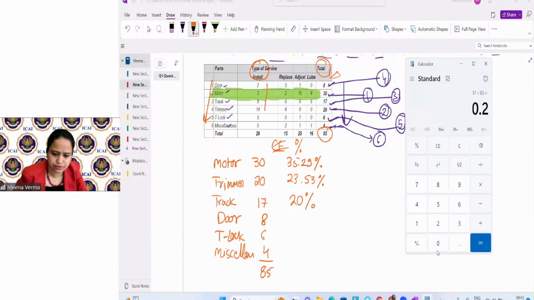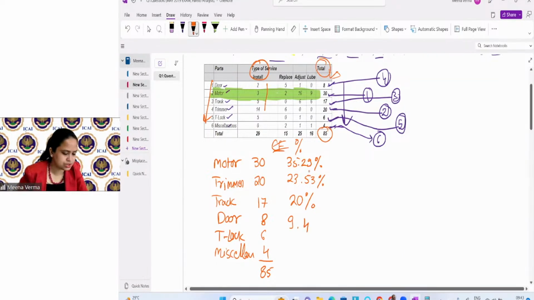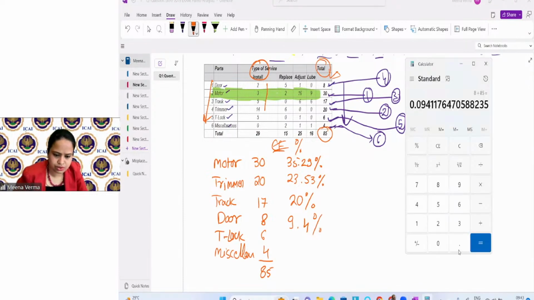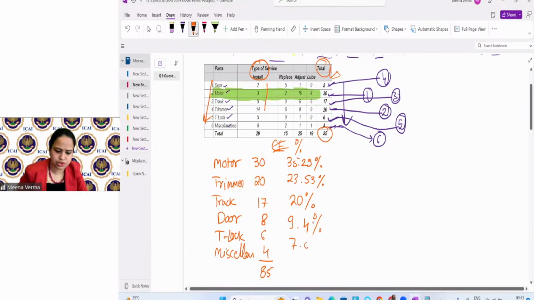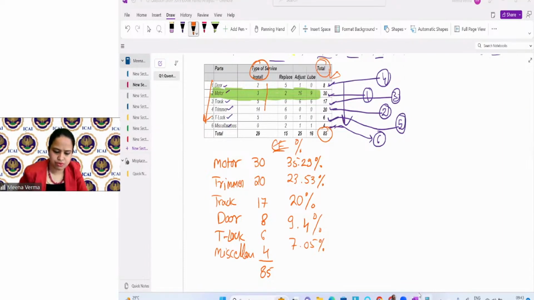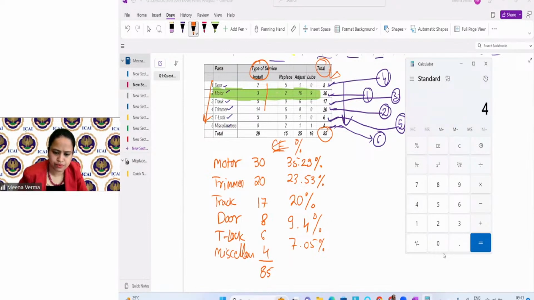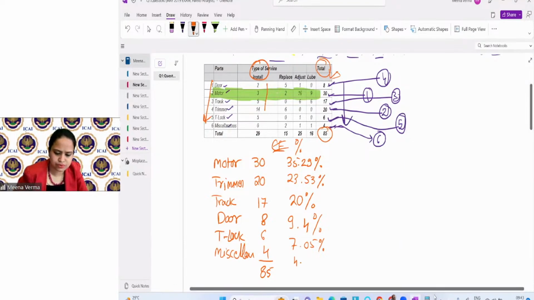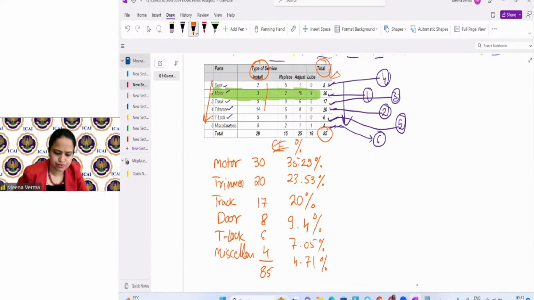Then 8 divided by 85 is 9.4%. Then 6 divided by 85 is 7.05%. Then 4 divided by 85 is 4.71%. So in this way, you can find these percentages directly.